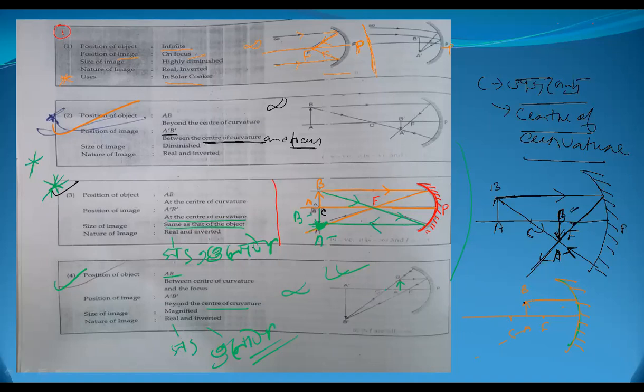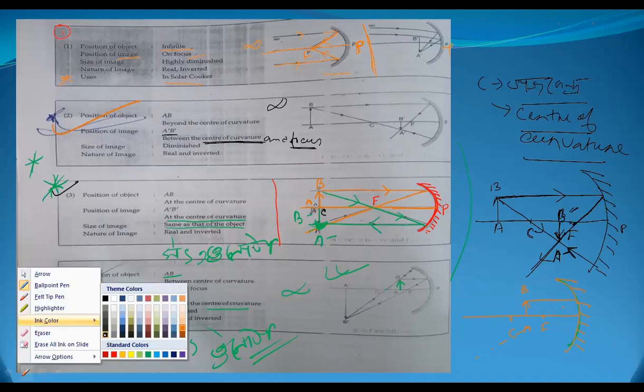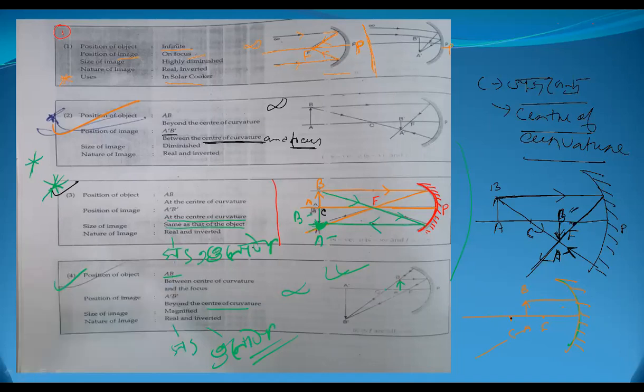Now the ray which passes, let me change the color, it will be easy for you. Suppose now see this is the center of curvature. Now the ray is AB, it will be like this.